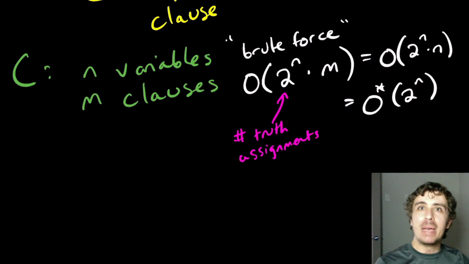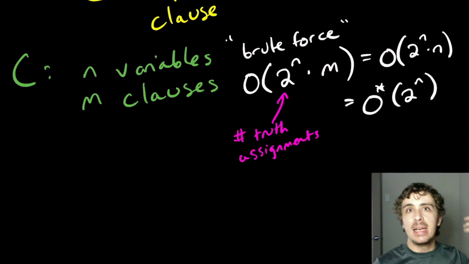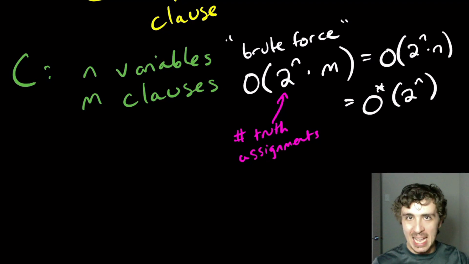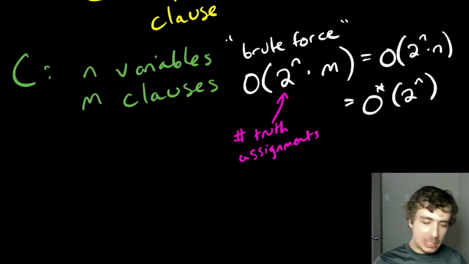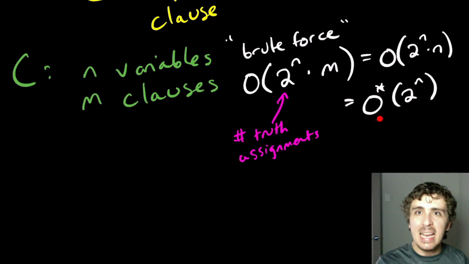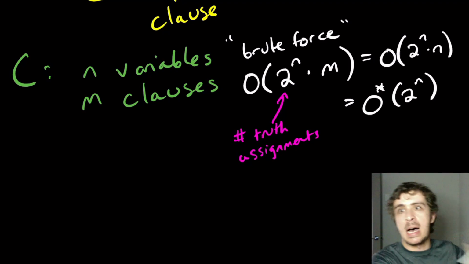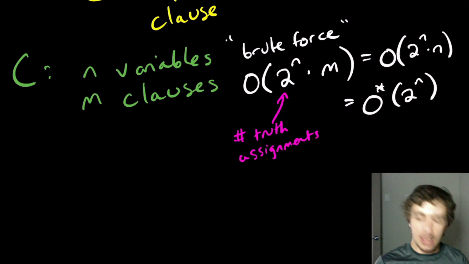Technically, in terms of big O, I should include it, but in terms of getting an algorithm to be faster, the 2 to the n is going to dominate way more than the n actually does. So this O star is kind of like big O, but we throw away any polynomial factors that are multiplied by the bigger guy here. Focus on the main picture, which is the exponential part, not the polynomial bit. So is this the best that we can do?